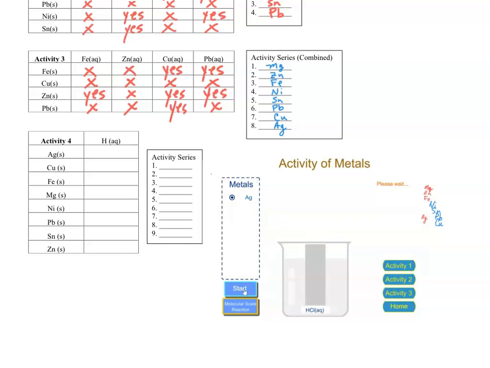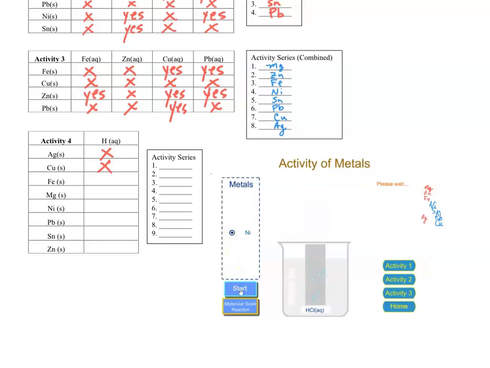First, we'll start with silver, and if it reacts, then silver can replace H in HCl. All right, nothing happened there, so we'll say X. Next, we have copper. Copper is dipped into hydrochloric acid, and when we lift it out, we see that it is unchanged. So copper cannot replace hydrogen in hydrochloric acid.